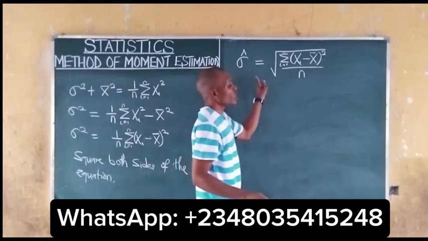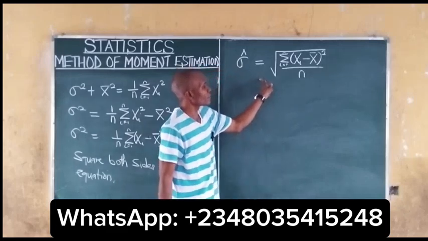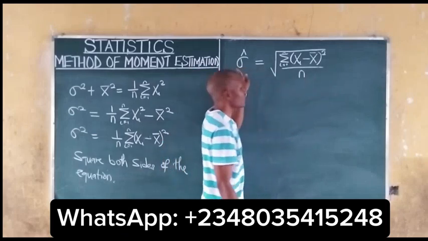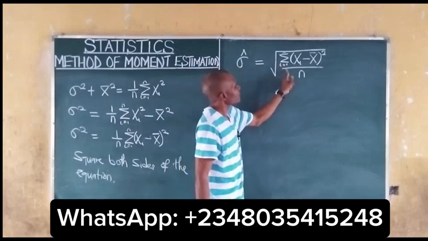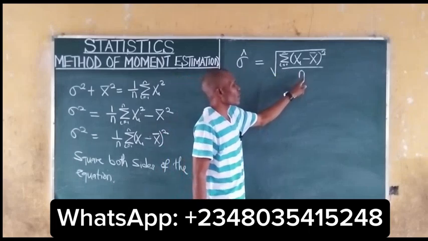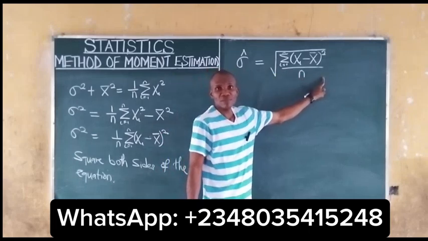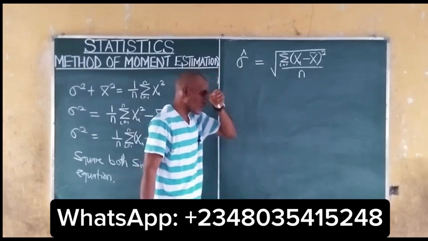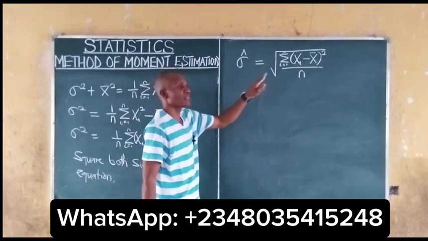Of course, as you can see, this is also biased, because for an unbiased estimate of this form, we are supposed to have n minus 1 to show variance. Then we can say our sigma squared is biased.